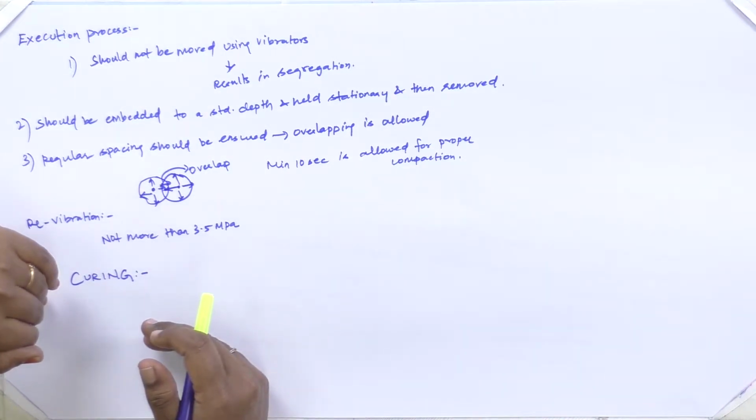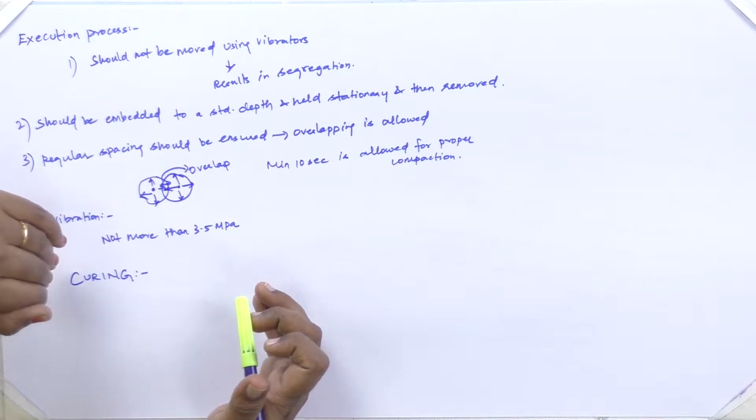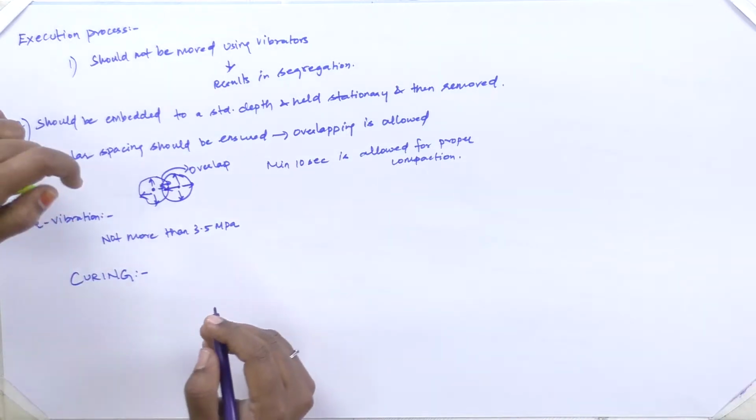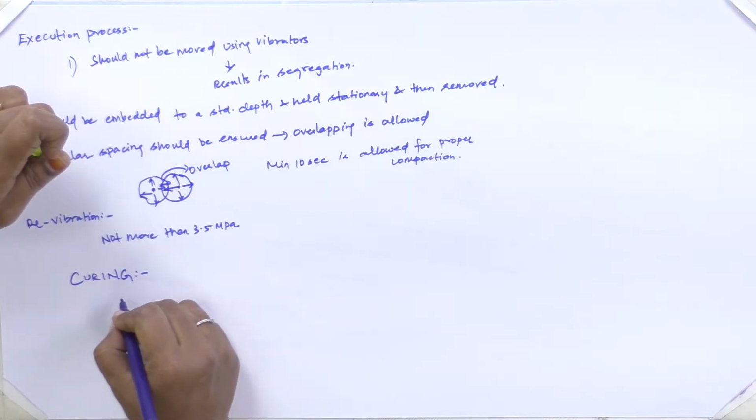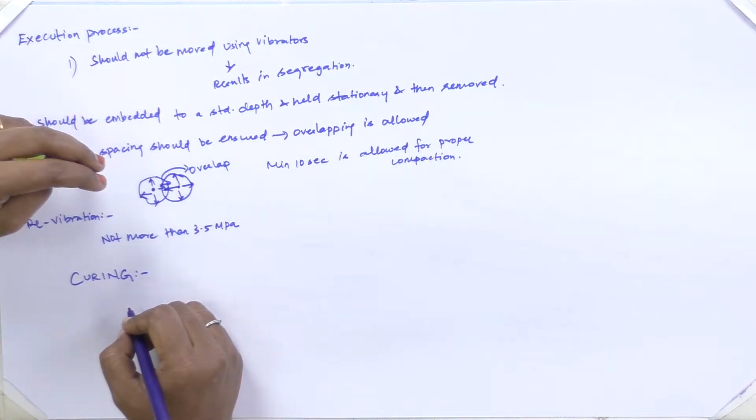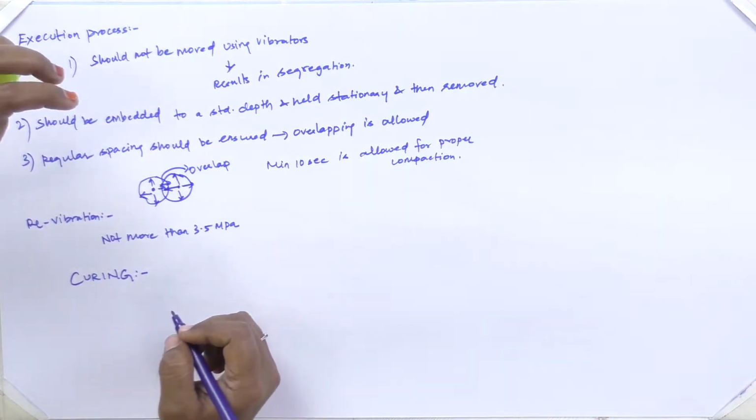By doing so, we can achieve a concrete of desired strength and durability and decreased permeability. So this curing we are mainly doing to decrease the permeability and to increase the strength property.